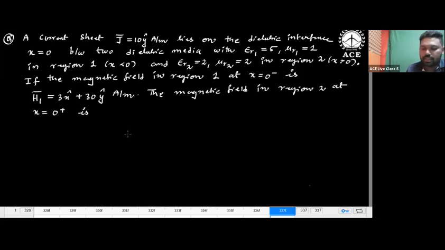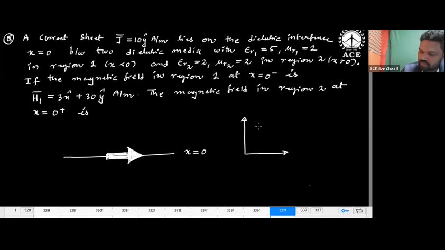Diagram is provided in the question, beta. Coordinate system is also provided in the question itself.